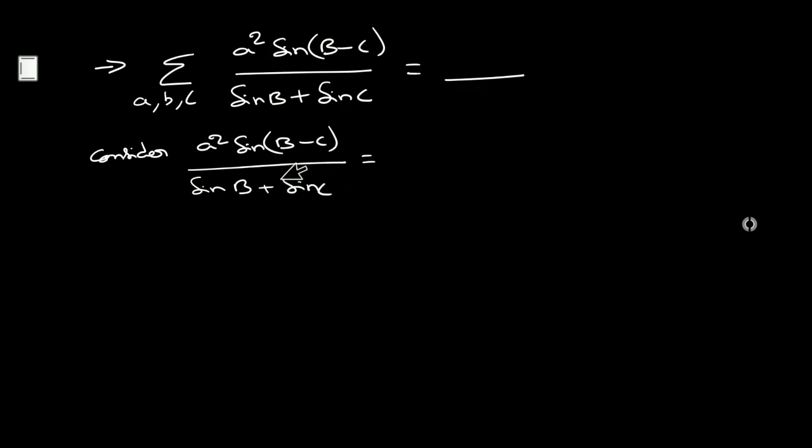Here a, according to sine rule, is 2r sine a, so I can write (2r sine a) whole square. I have applied the sine rule for small a, into sine(b minus c) divided by (sine b plus sine c).